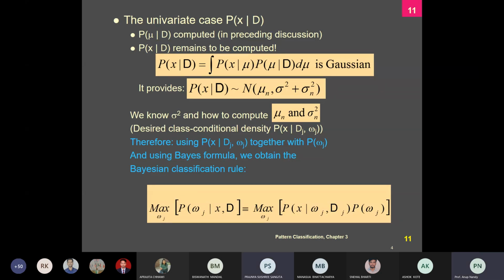Sir, it's somewhere written that x is taken to be a continuous random variable. Exactly. It is written as continuous random variable. Now you understood the concept of the continuous random variable and the discrete random variable. And if it is a continuous random variable, which density function will you be using?